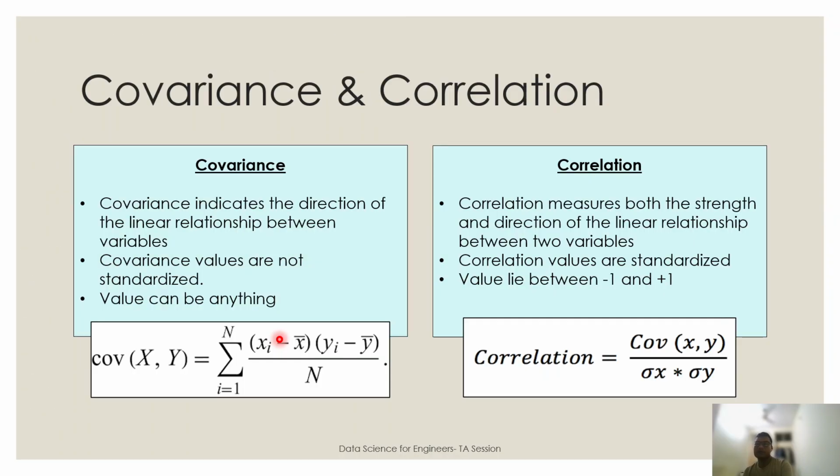Okay, we'll move forward. This is the formula for covariance and this is the formula for correlation. Covariance helps you know the direction of the linear relationship. As an example, let's consider the price of onions.